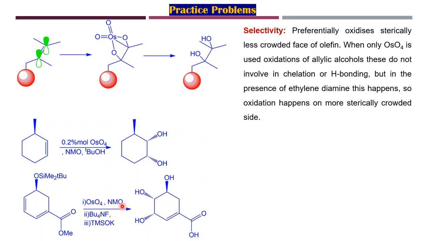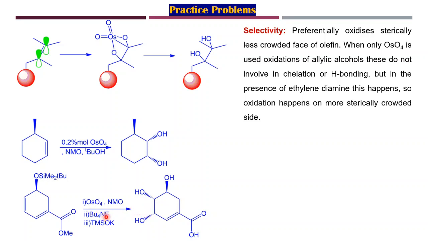So that means over here the OH groups will be joined, or the osmate ester will be formed from the attack from downside of the plane of this ring. That means OH groups will be in the beta bonds, not in the alpha bonds.